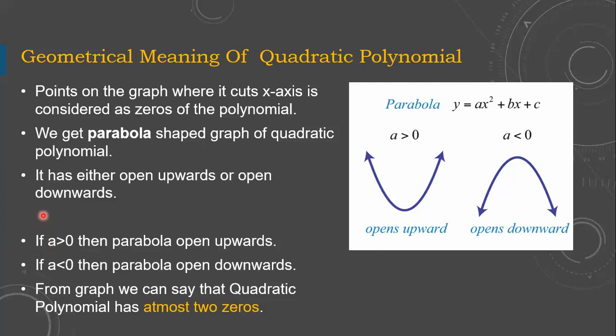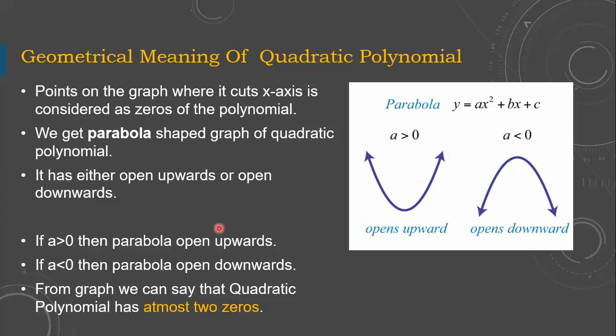What is a, students? Here see, a is the coefficient of x square. If this a is greater than 0, means the value of a is 1, 2, 3, whatever, but it should be greater than 0, then the parabola will open upwards like this.